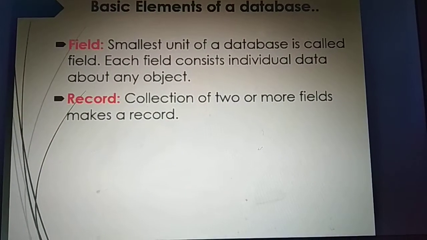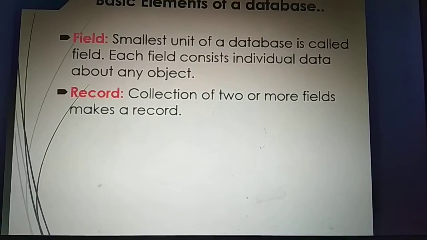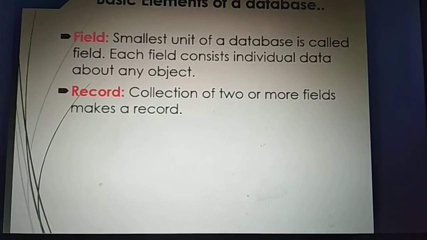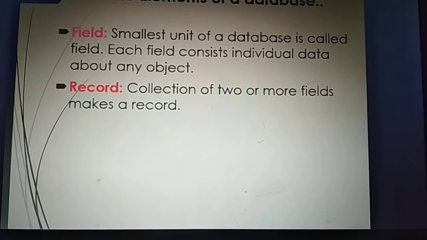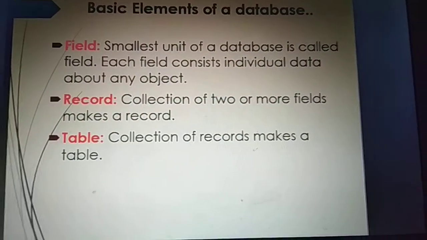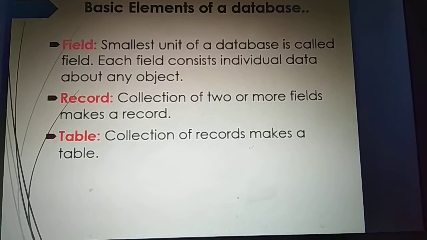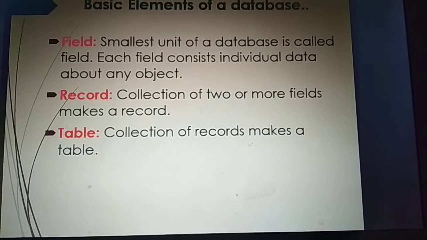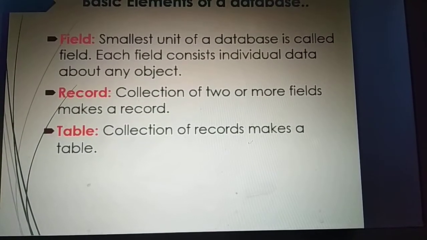Then comes record. Once you have designed the fields, then you can enter data for all the fields. Then all the fields combined make a record. That is why we say a collection of 2 or more fields makes a record. Then comes table. If we collect many records, then all the records are saved under a specific table.